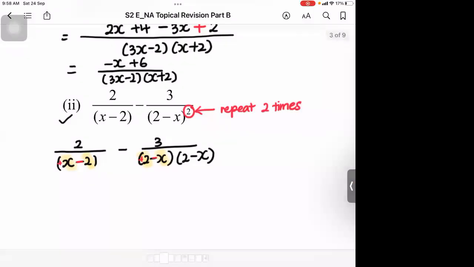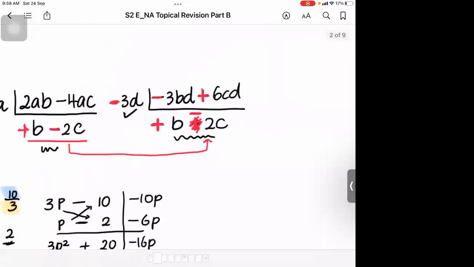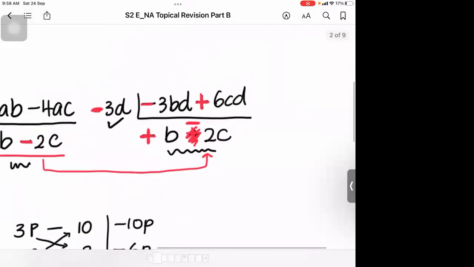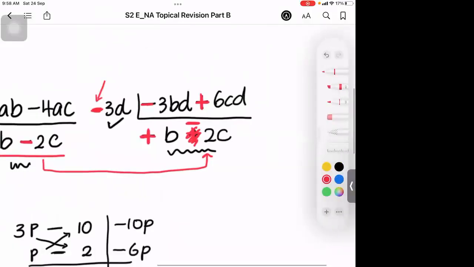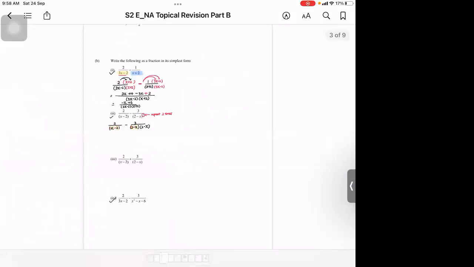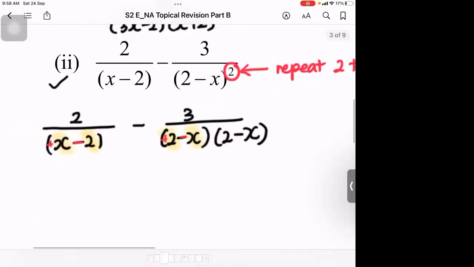Remember, just now previously we did the group factorization by grouping right down here. How did we change the sign? We multiply by a negative number, right? So what we can do down here also, we can change the sign by multiplying by negative.